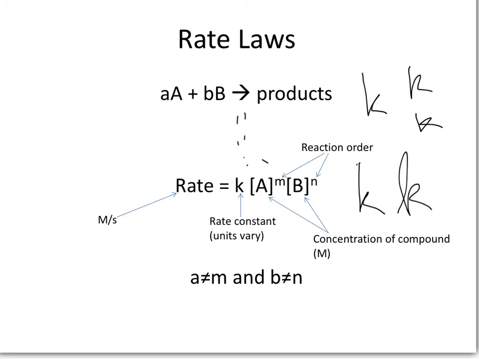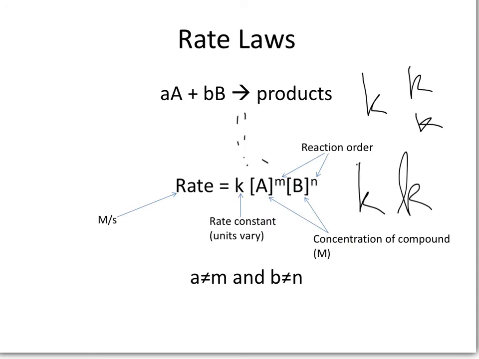The reaction order is how important the concentration is to that reaction. Right, so what happens is if we see a 1 here, then that means that concentration only affects it by an order of 1, versus we can have 2 or 3 there.